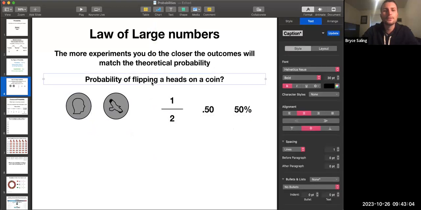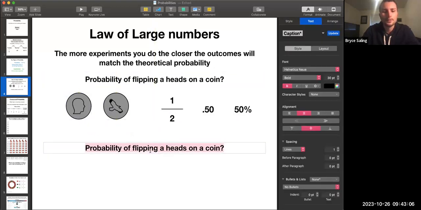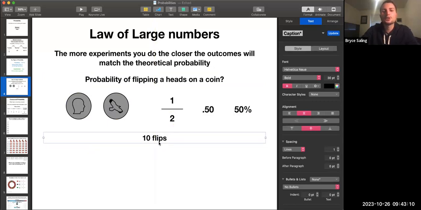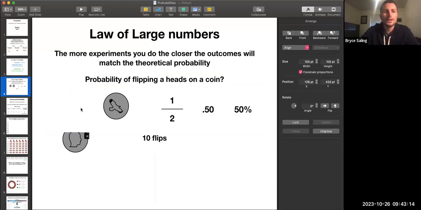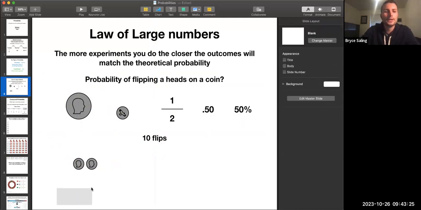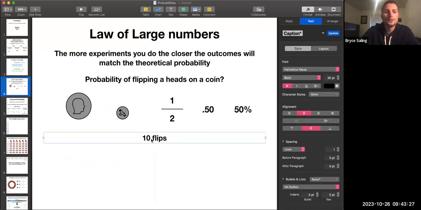So you do 10 flips. The experimental probability would be when you do the 10 flips. Actually, I'm just going to write them out for time's sake.